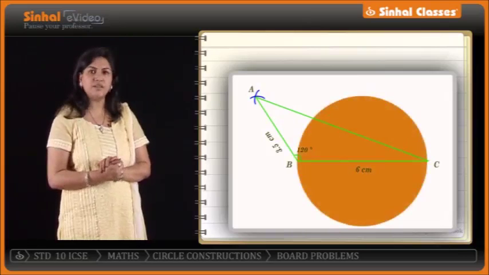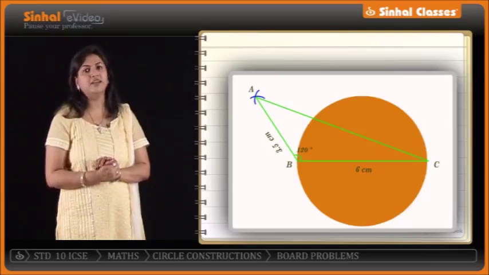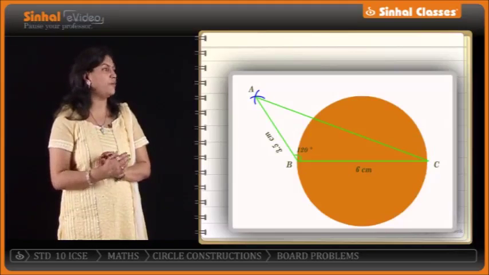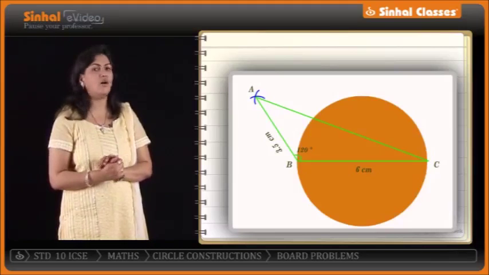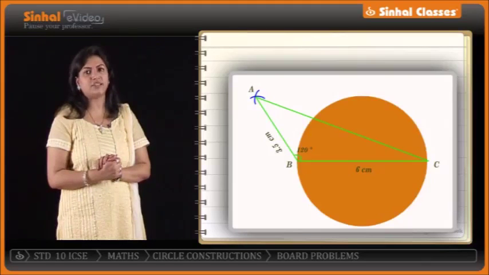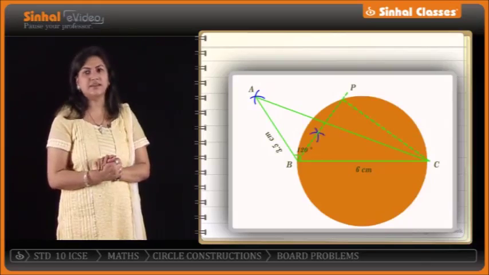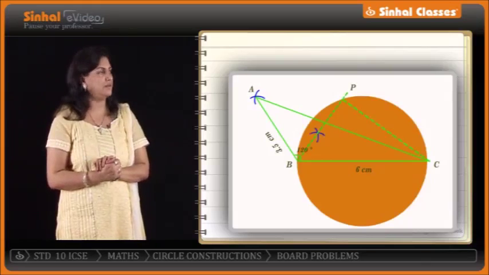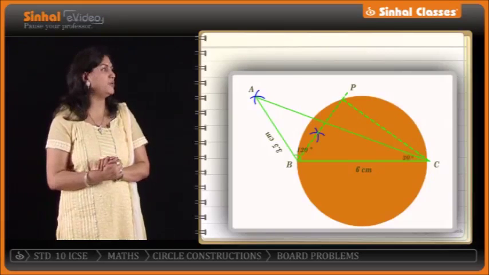We want a point P on the circumference of the circle which is equidistant from AB and BC. So we draw the angle bisector of angle ABC to meet the circle at point P. Now measure angle BCP. We will get that equal to 30 degrees.